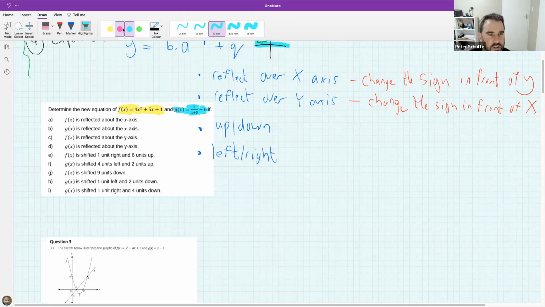Now, what do you notice about this rule? What do you notice about the relationship between the axis that you're reflecting over and the sign that you're changing? Maybe put your hand up or let me know in the chat if you notice a certain pattern over here.